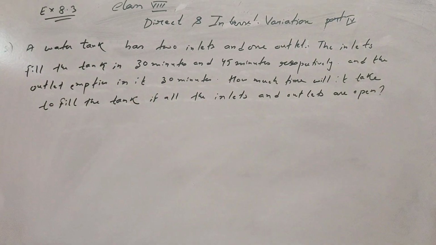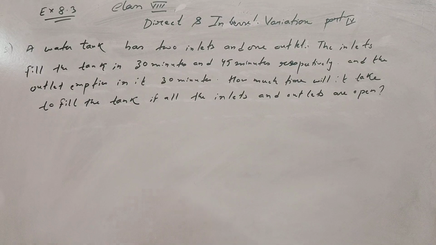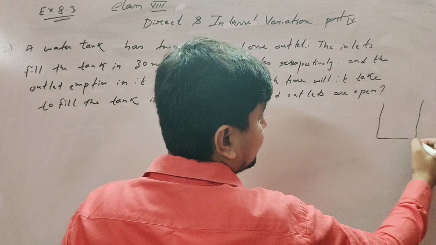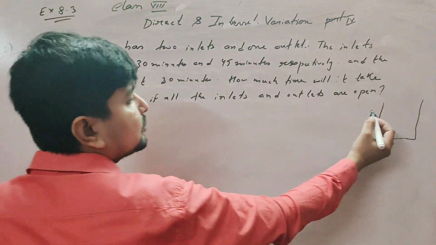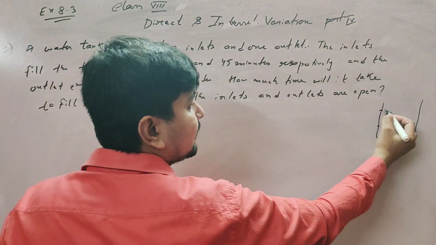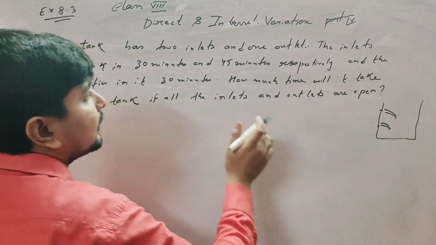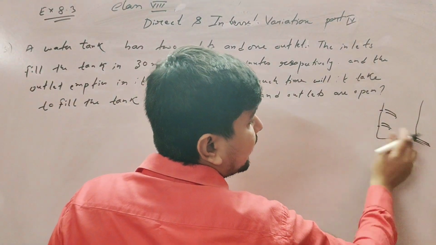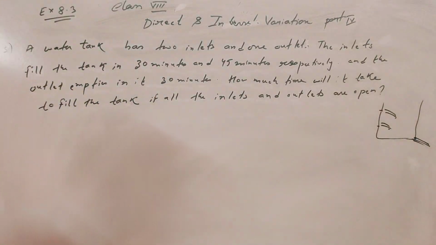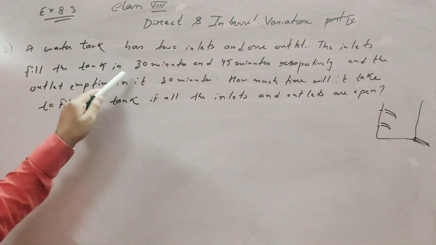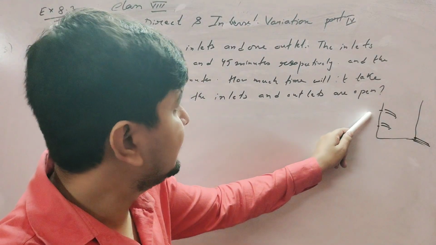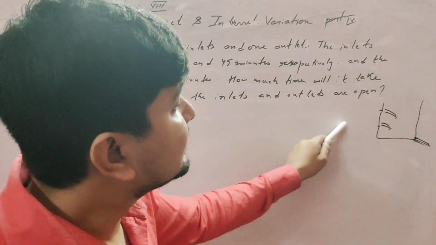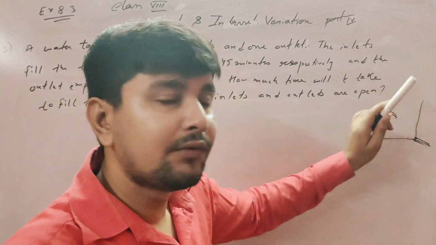First of all we read the question. A water tank has 2 inlets, that means 2 holes to fill the water, and 1 outlet. Outlet means that water exits from the tank. The first inlet fills the tank in 30 minutes and the second inlet fills the tank in 45 minutes.